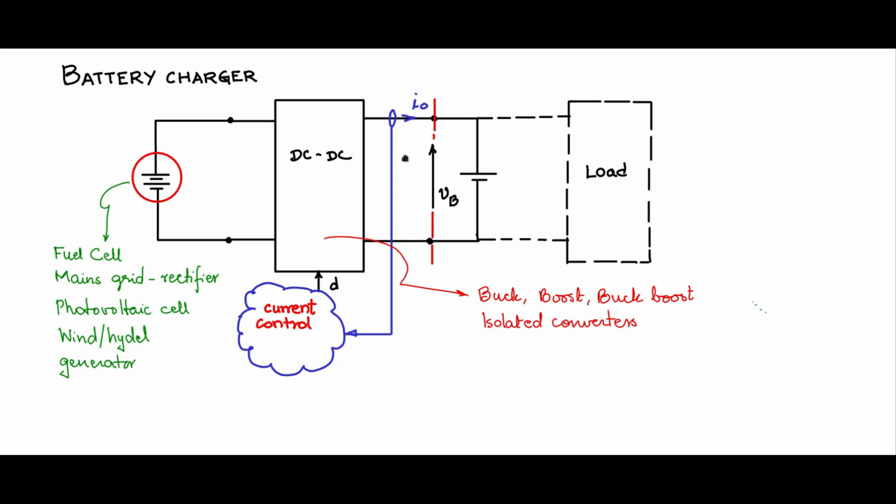So it is a slightly different nature of control where you are controlling the output current, I0. Of course, if it is a buck converter which is used, the output current and the inductor current are the same.